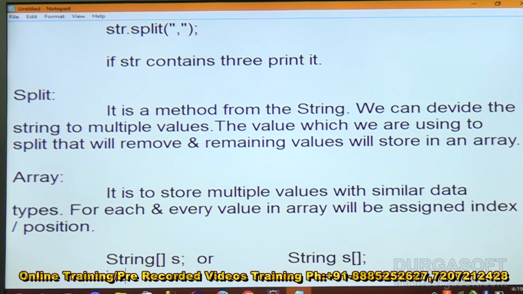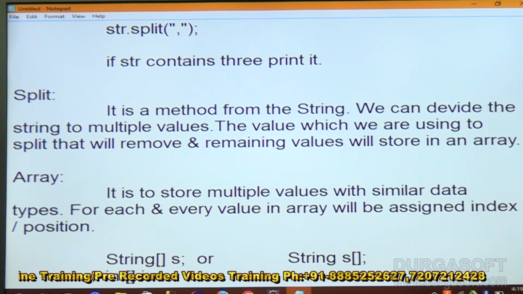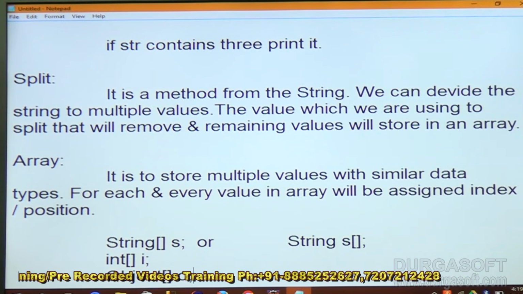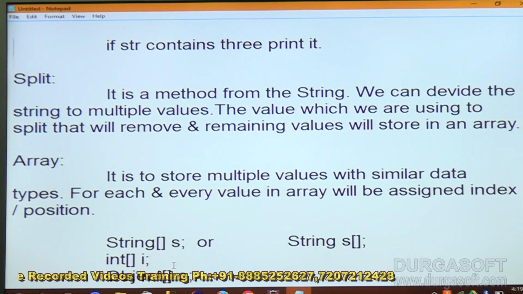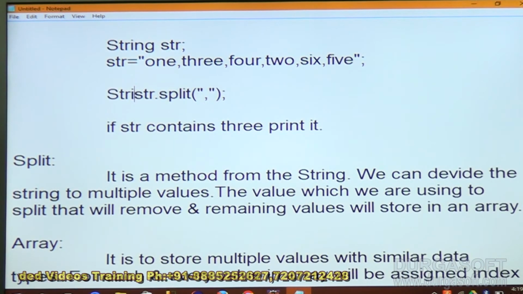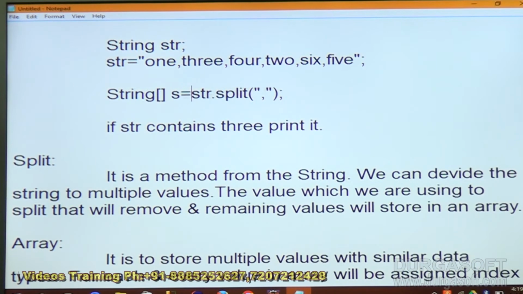If it is an integer array, int I. If it is an object array, Object O. Here the data type is String, so I make it String S equal to. One by one it will assign an index position, means S of 0 is 1, S of 1 is 3, S of 2 is 4, S of 5, like that.